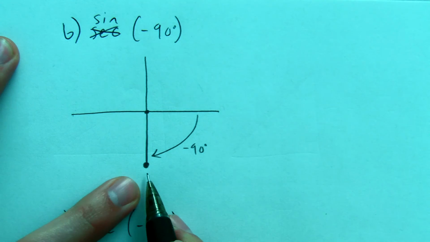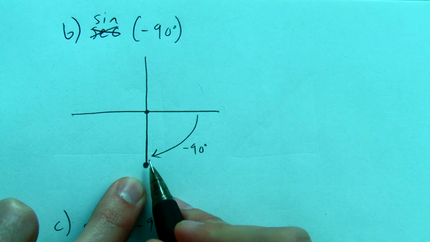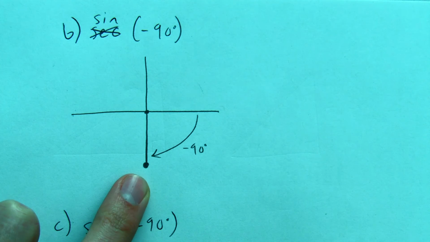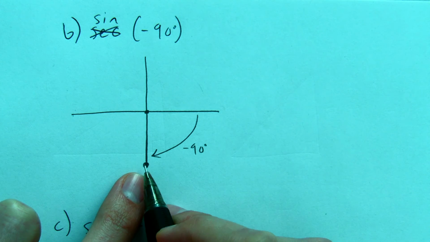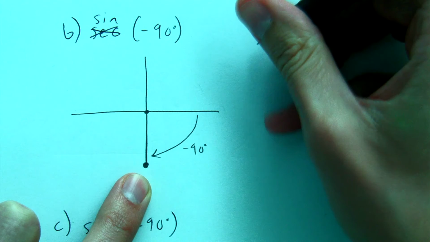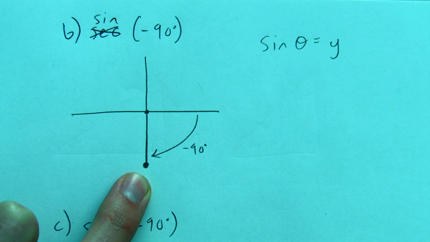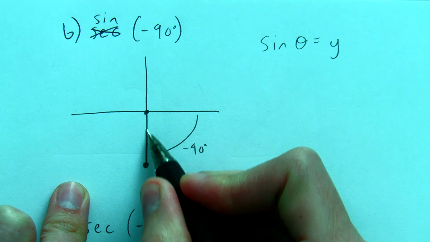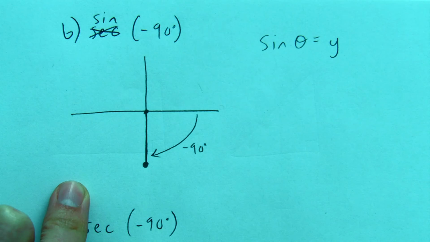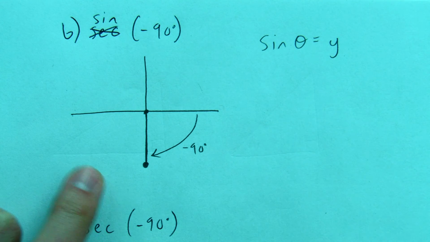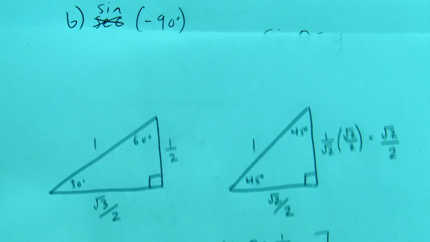Once again, this is another situation where it's impossible for me to make a triangle that actually makes sense with my angle. The good news is, if I use my general definition of trig functions, I know that sine of an angle is just the y value at the terminal side. And I get to pick whatever lengths I want that fit these special right triangles.